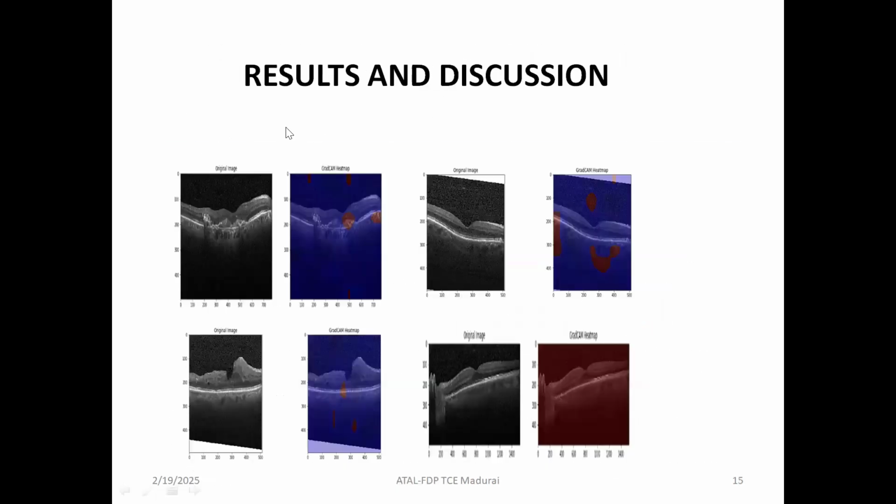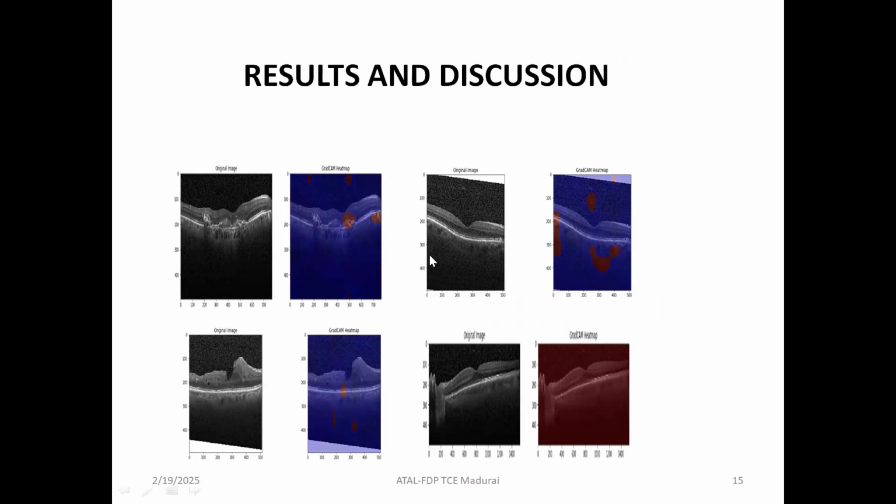Yeah, this is the image where you can find your XAI that clearly differentiates where the tissue gets affected. This is the original image, and these are the Grad-CAM images for all the diseases: drusen, and as I told you, diabetic macular edema and choroidal neovascularization.